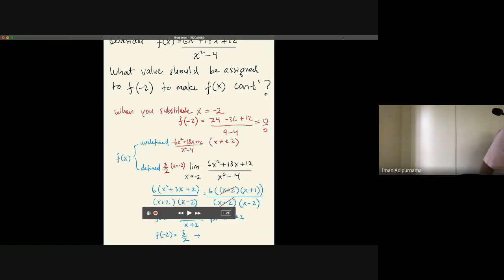So this is, I think, a typical question in limits, especially in continuity. I think if you do not have any problem with your algebra, solving equations like this should not be a really hard problem. This is the value that needs to be assigned.